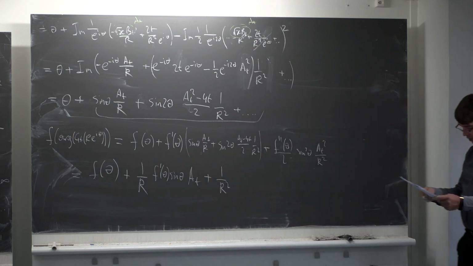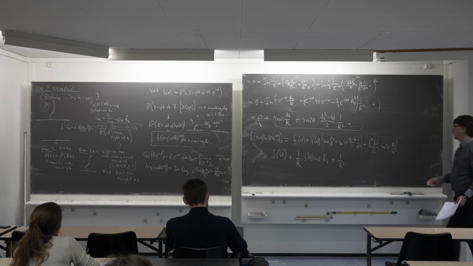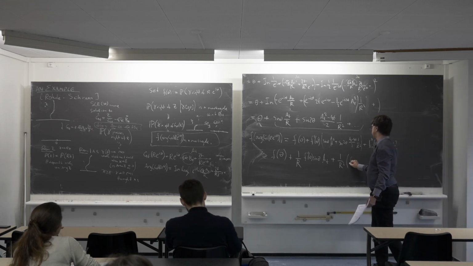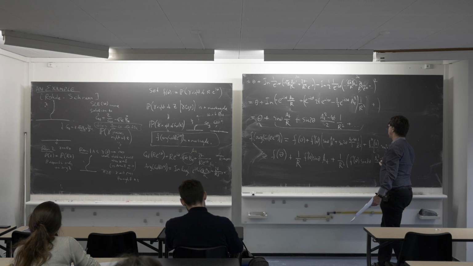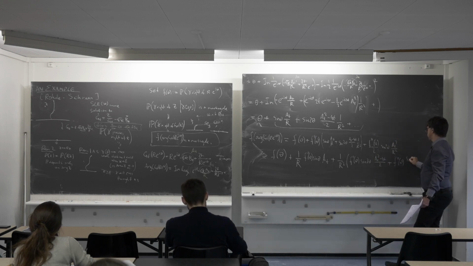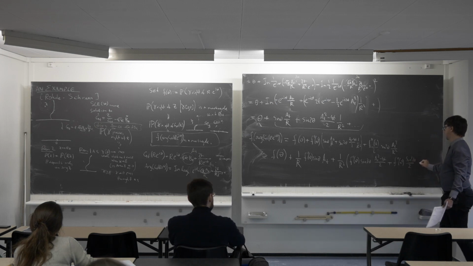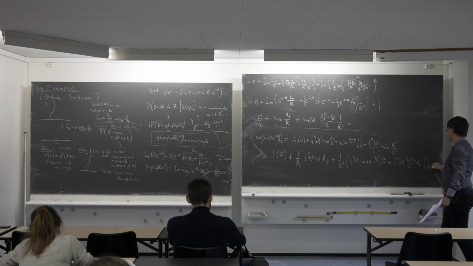Maybe it's better to collect them separately. So the first one is f prime of theta sine twice theta AT squared minus 4t over 2. And the second one is f prime prime of theta sine squared of theta over 2, AT squared, 1 over r squared plus more small terms.